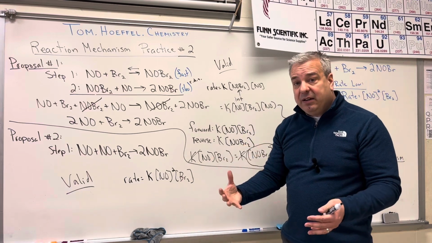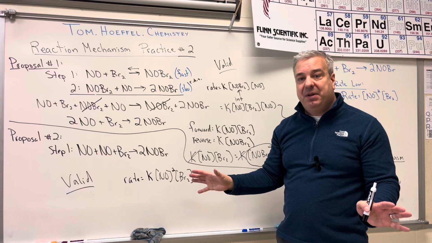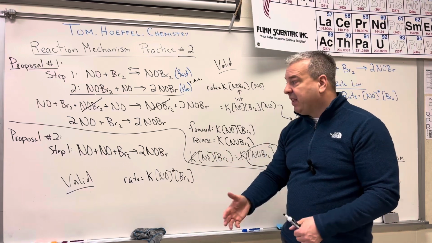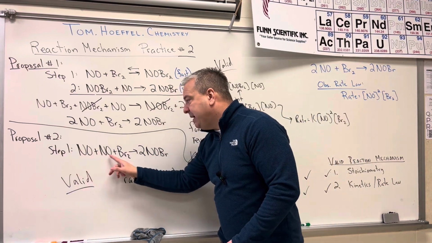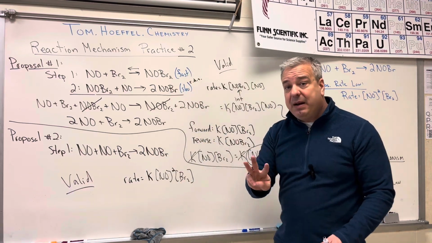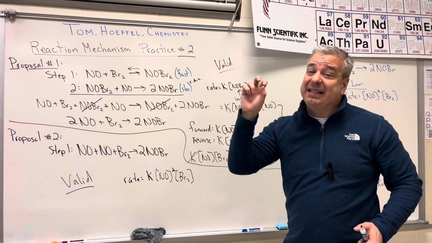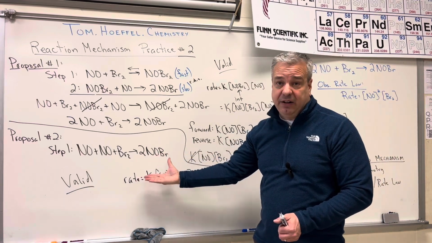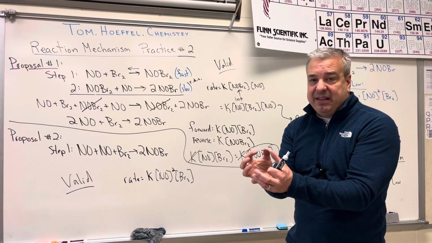And bimolecular and unimolecular, when there's just one molecule, are very common types of collisions that occur in chemistry. This last one, this proposal number 2, though, it has 3 molecules. And to have 3 molecules colliding at the same exact time is actually very, very rare. And we call this termolecular, okay? Meaning that there's 3 molecules that are coming together at the same time.